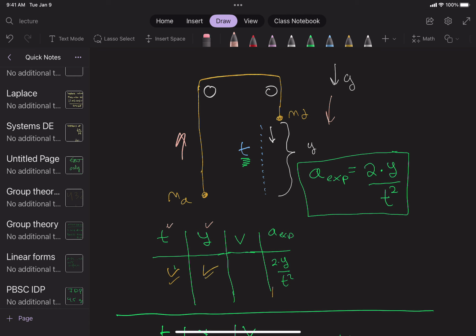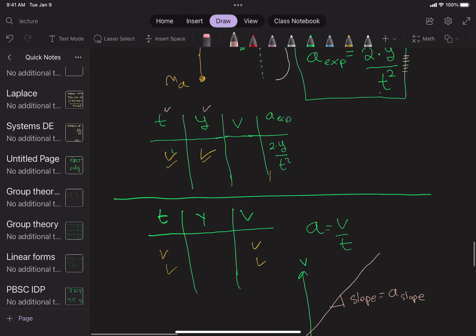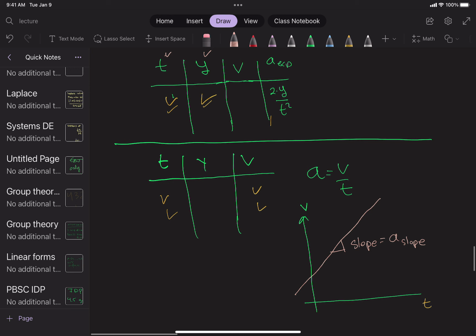Using time and position, you'll calculate the acceleration using this formula, which is 2 multiplied by the distance divided by the time squared. We'll also get the acceleration from that same table by making a plot of velocity versus time, where the acceleration is going to equal the slope. So that's the general theory for today's lab.